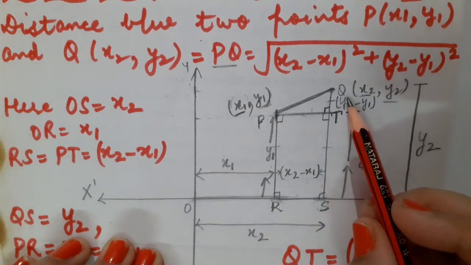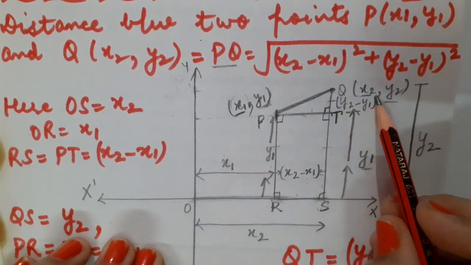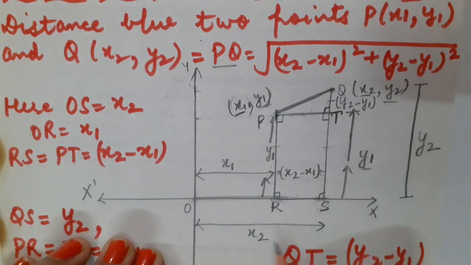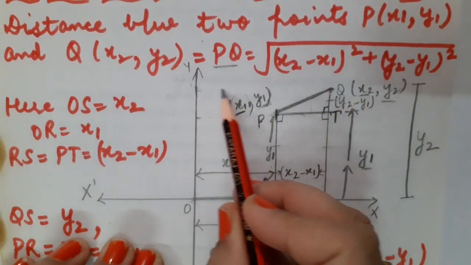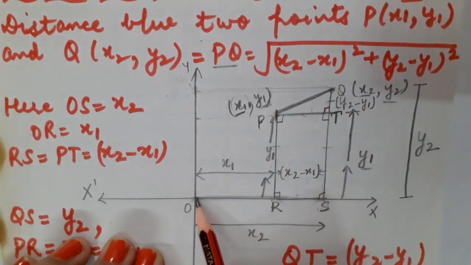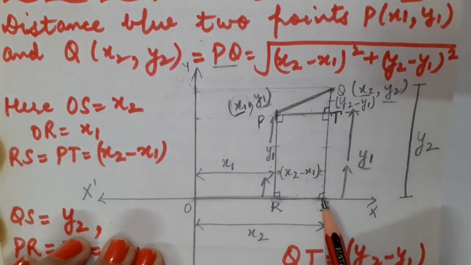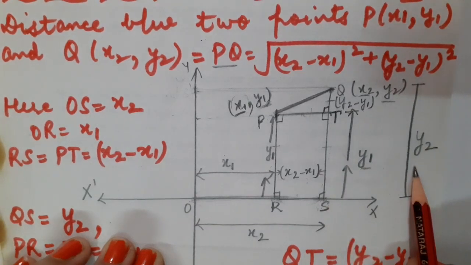Okay. Let us talk about this point Q whose coordinates are x2, y2. Children, can you tell me what would be x2? Correct. It would be OS. Why? Because the x coordinate of a point is nothing but its distance from the y-axis, and this very distance is basically equal to OS. In the same manner, this complete QS must be equal to y2. Fine, students?